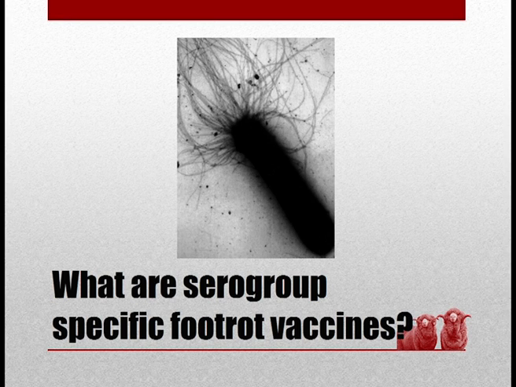This is a photo of the Footrot bacterium, and the reason I put that up here is to show you this wild hairstyle that this bacterium sports. On those little hairs are particular proteins that are specific in what we call the serogroup, and the sheep reacts to those proteins and produces antibodies, and those antibodies match the bacterium and kill that particular serogroup off.